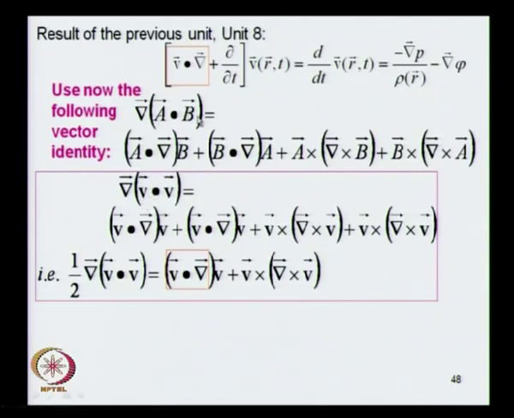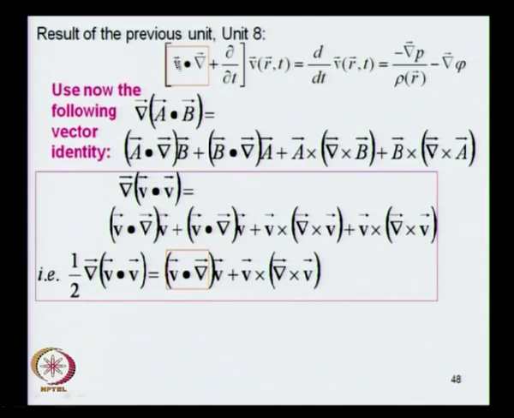So, this is quite general, no matter what the A function is and what the B function is. So, we might as well apply it to the special case when both A and B are the same, not only they are the same, but they represent the velocity of the fluid, because that is the quantity we are interested in.